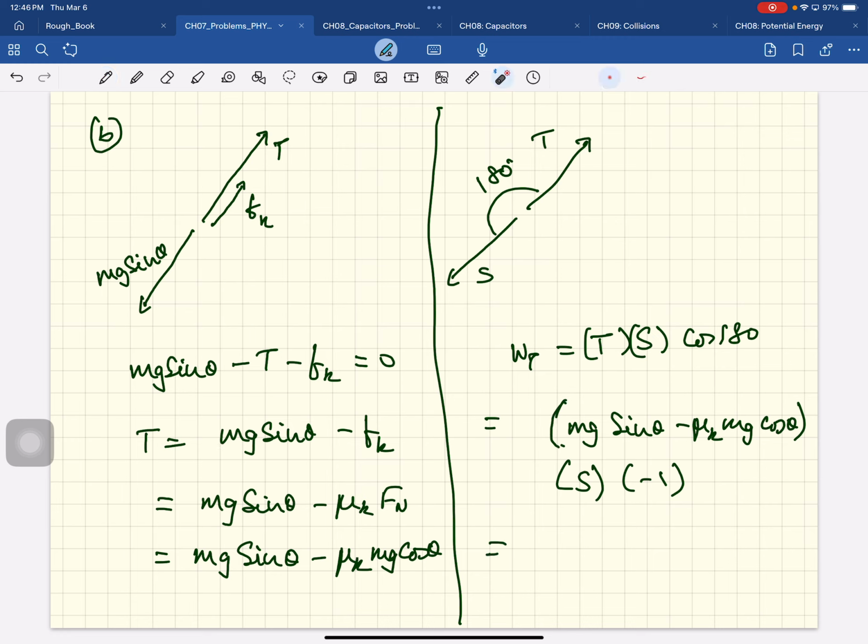Cosine 180 was minus 1. So this is equal to, I'll pull out mg, sine 60 minus mu k times cosine 60, times S. So there's the work done by tension. What is that beside the W? Oh, subscript tension.